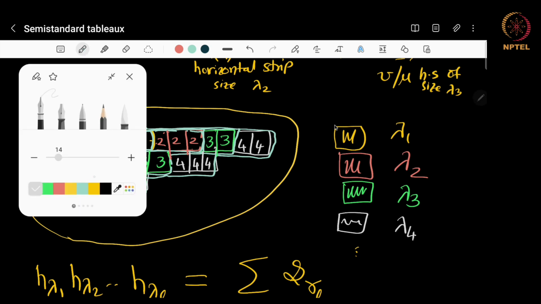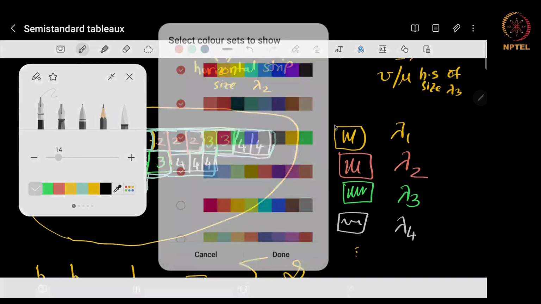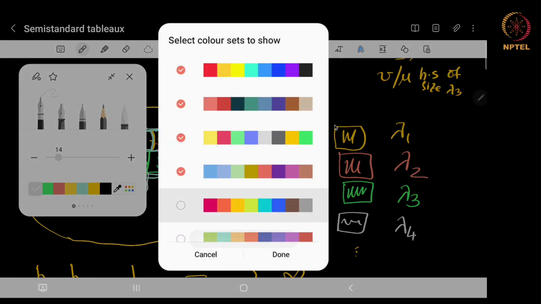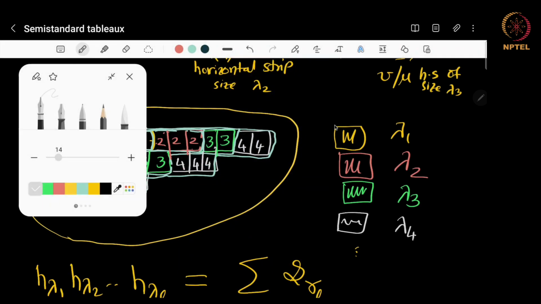If you think about what a horizontal strip really is, so let me use blue here.